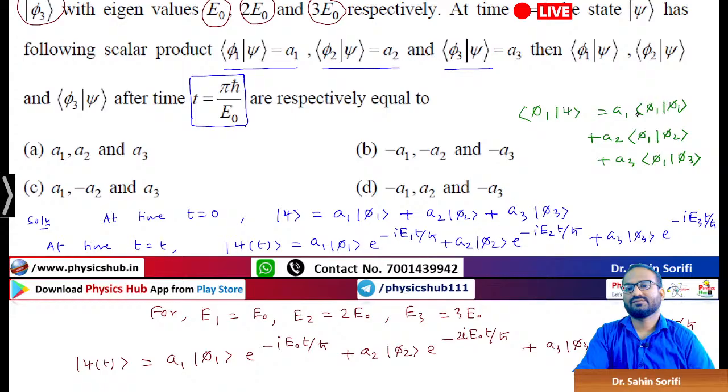Because of the orthonormality condition, the first term will survive and the other two terms will be 0. That is why you will get a1. Similarly, phi 2 with psi is equal to a2, so a2 will survive, and phi 2 phi 1 and phi 2 phi 3 will be 0. So by looking at these products we formulate that psi must be of this form.